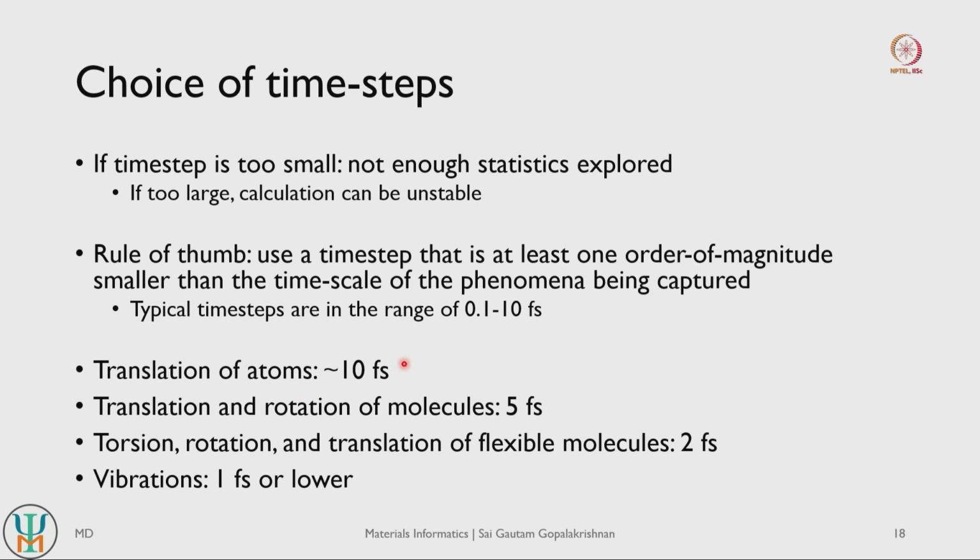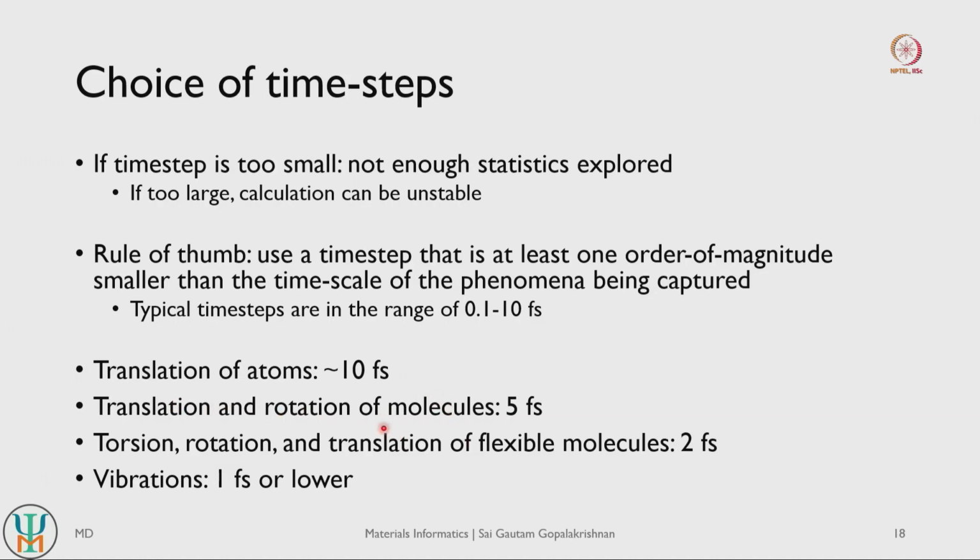So in order to capture diffusion efficiently, we need to ensure that our time steps are lower than the vibrational time scales of atoms. So it has to be lower than picoseconds for sure, and it is usually a good exercise to have about 10 femtoseconds or so as your time step. So if you are only interested in translation of atoms, 10 femtoseconds is usually fine.